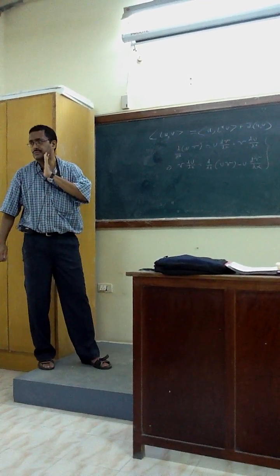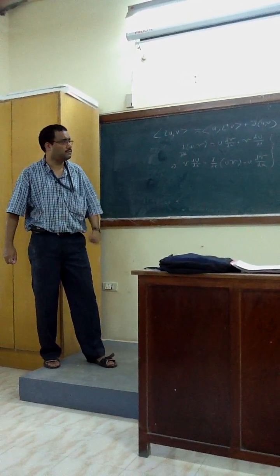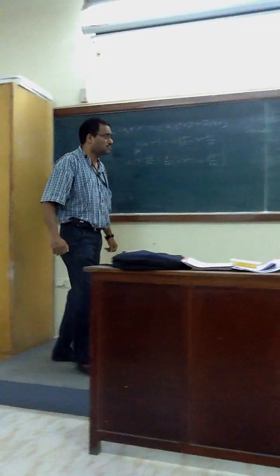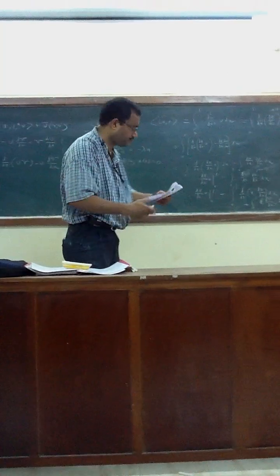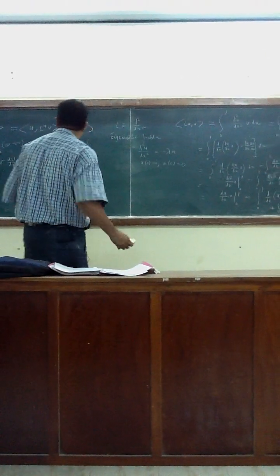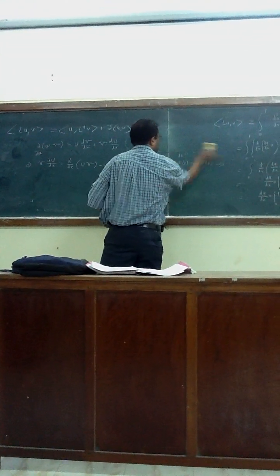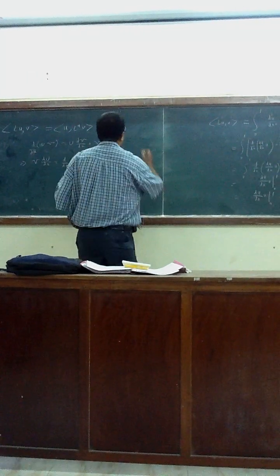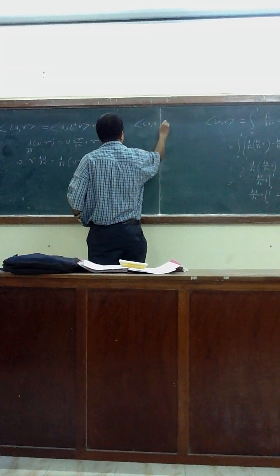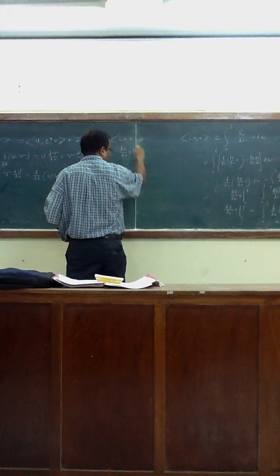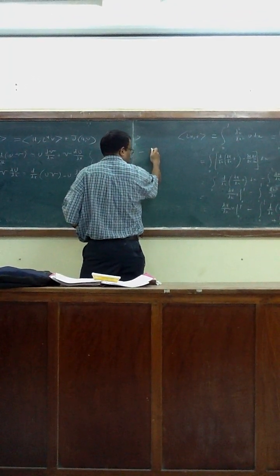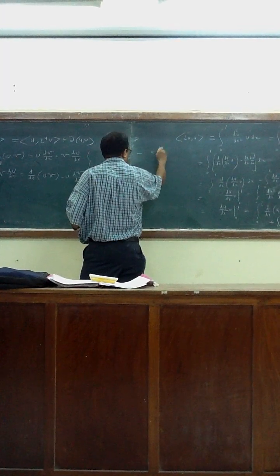So what term will we get finally? The inner product of Lu and v equals du/dx v from 0 to 1, minus u dv/dx from 0 to 1, plus the integral from 0 to 1 of u d2v/dx square.